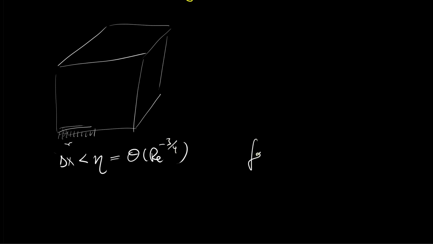And if we look at our aerospace example with a Reynolds number of 10 to the 8, that means your spatial discretization has to be approximately 10 to the minus 6. If you are thinking in units of meters, this would mean your spatial discretization has to be on the order of micrometers.